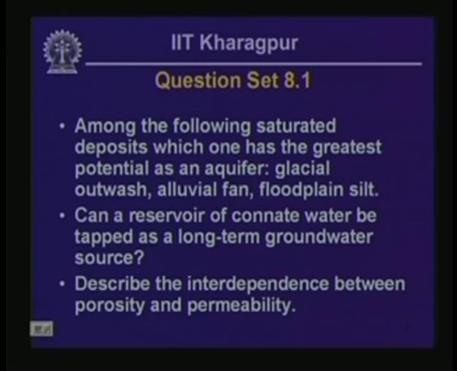Now, if you recall from our previous lesson, what I said was that in order for a geologic unit to qualify as an aquifer, we need to have a fairly coarse grain size structure, and as a result we are not going to prefer floodplain silt, because that is going to have a relatively small permeability.